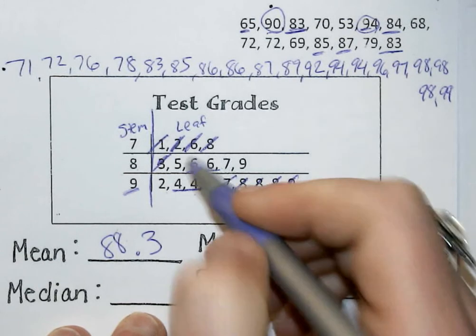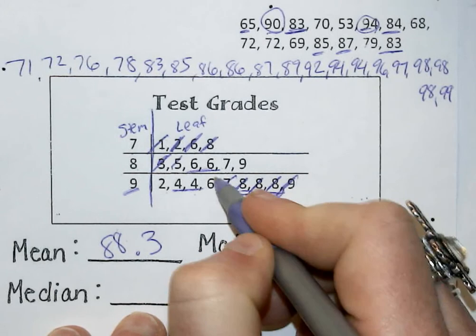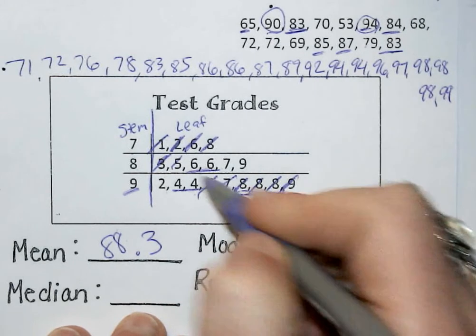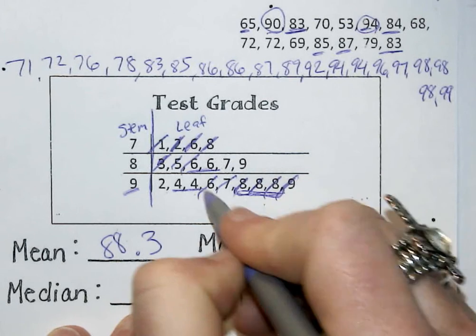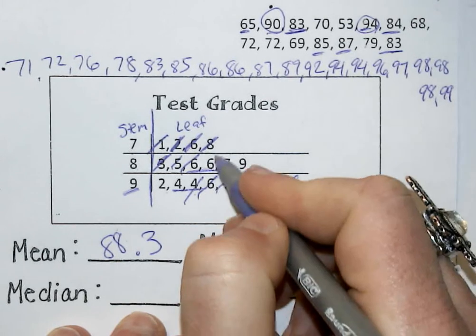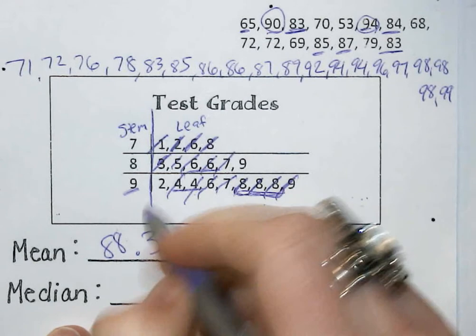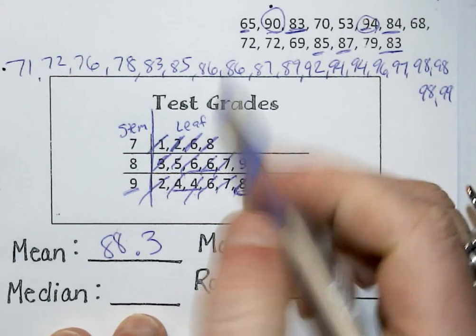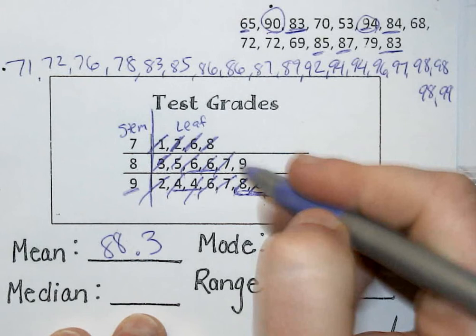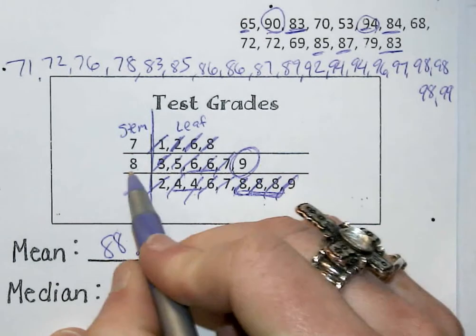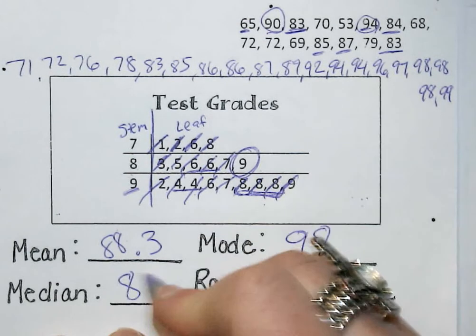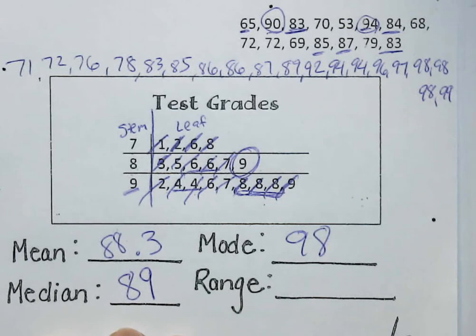Working our way up, 85, working our way down, 96, working our way up, 86, working our way down, 94, working our way up, 86, working our way down, 94, working our way up, 87, working our way down, 92. What's left right here in the middle? That 9 goes with the 8, so 89. So be careful when you're marking off for the median.